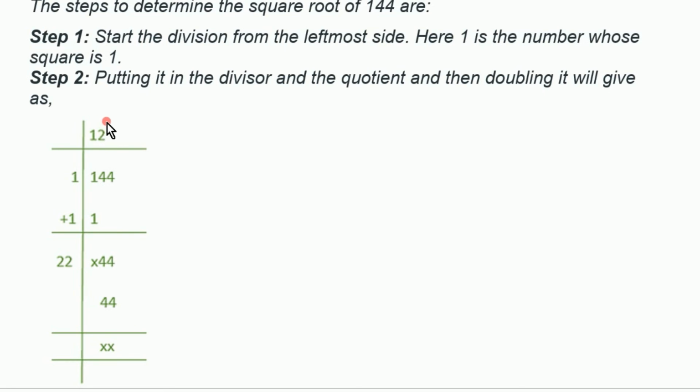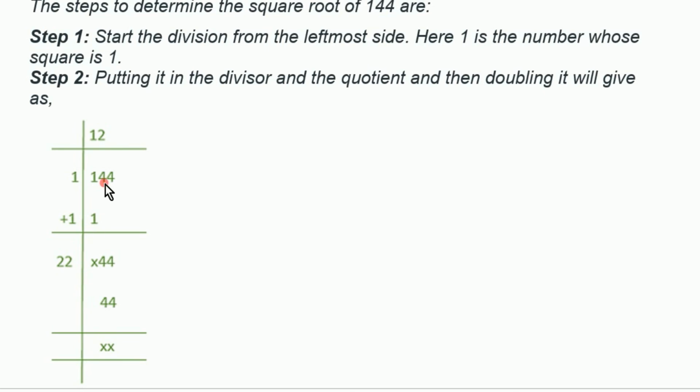Then for the next number, since 1 plus 1 is 2, whatever number we take we add, and we get the leftmost digit, 2. On the right we can place only the number that fits.